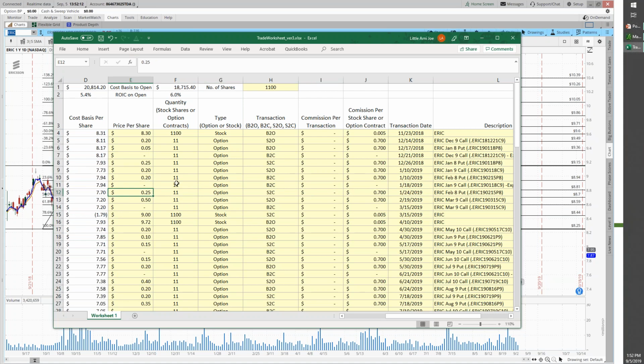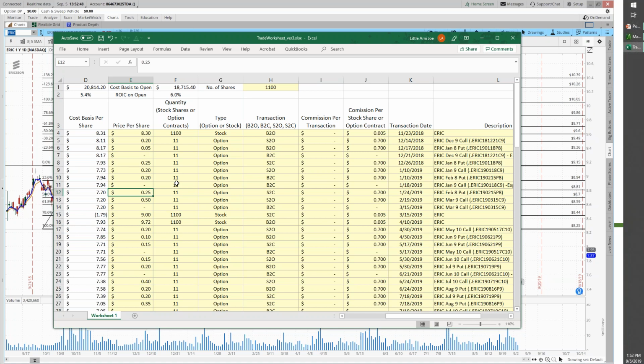So for some of you that are experienced investors, experienced traders, I want you to notice that not only am I making money on selling premium, but in addition to that, I have also turned the protective insuring of these positions, the collaring, into a profit center rather than a cost center as well.